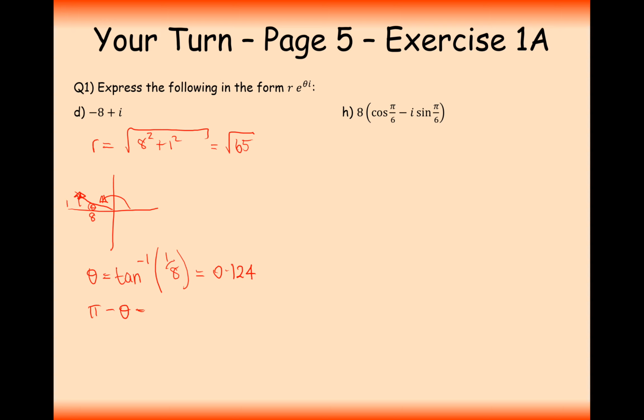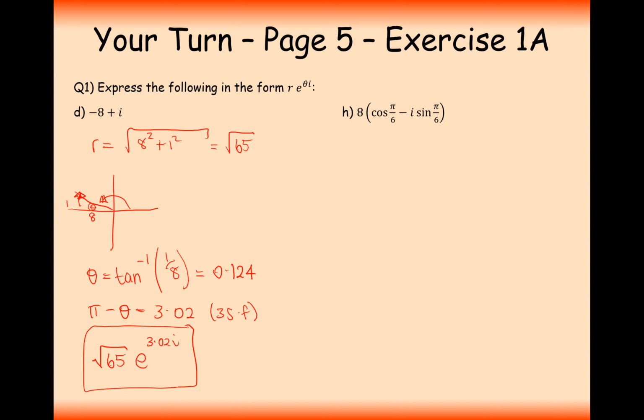Pi minus answer. 3.02 is the answer there to 3 significant figures. So in terms of expressing it in the form re to the theta i, that's going to be root 65 e to the 3.02 i. And there we are, that's the answer to this question.